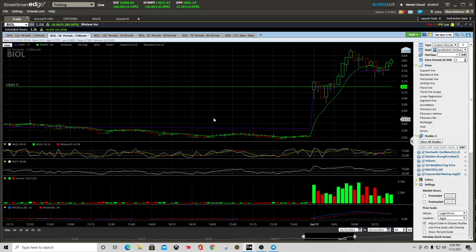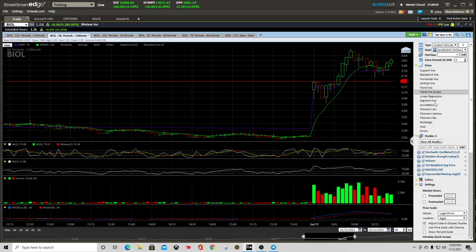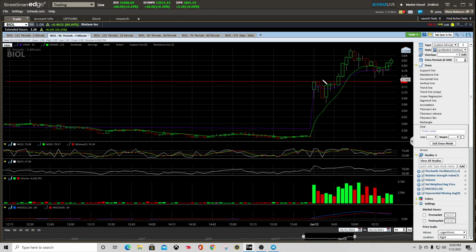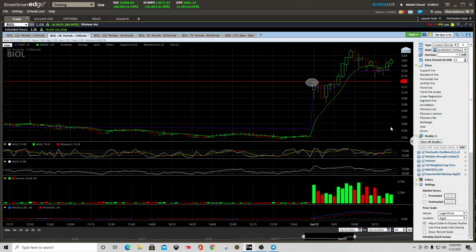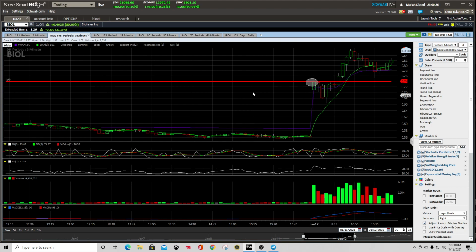Let me remove that line, I had that on earlier. Especially as a beginner trader, I would put in a line right there so that you can remember this is your initial morning high. Depending on the broker you're using, you could also label it initial morning high.